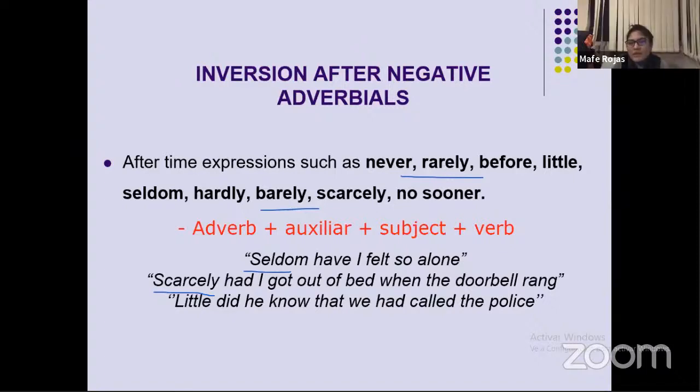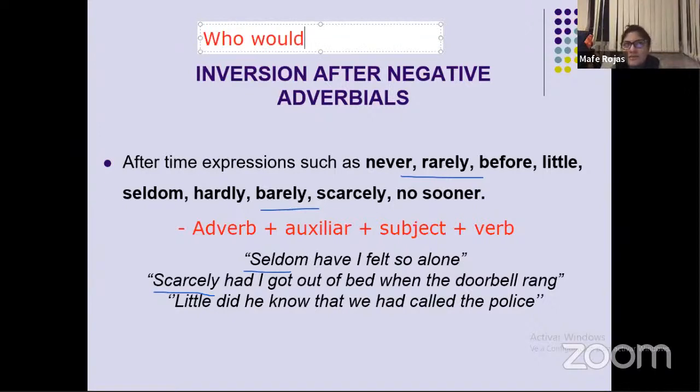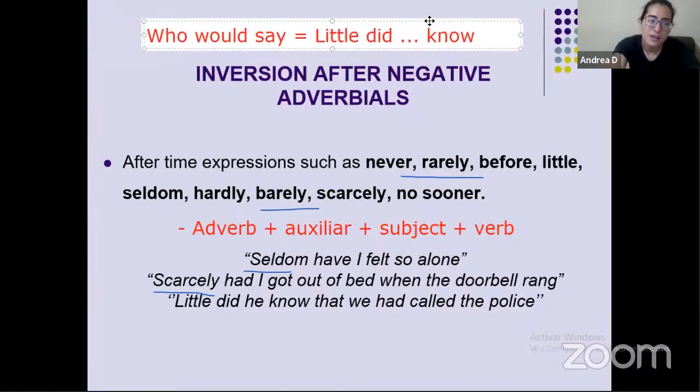In Spanish, it's kind of like "¿qué iba a saber?" O "¿quién diría?" You could say, who would say, right? Little did I know. So it's like "¿quién diría?" "¿Qué iba a saber?"